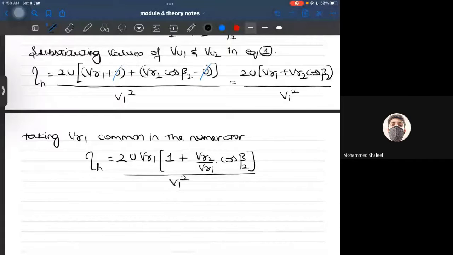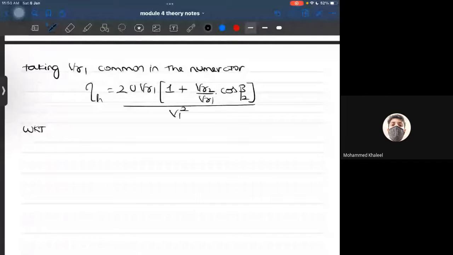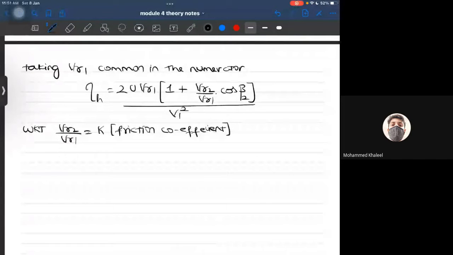So you all know that VR2 by VR1 is nothing but the value of K, which is the friction coefficient. This is the first point.